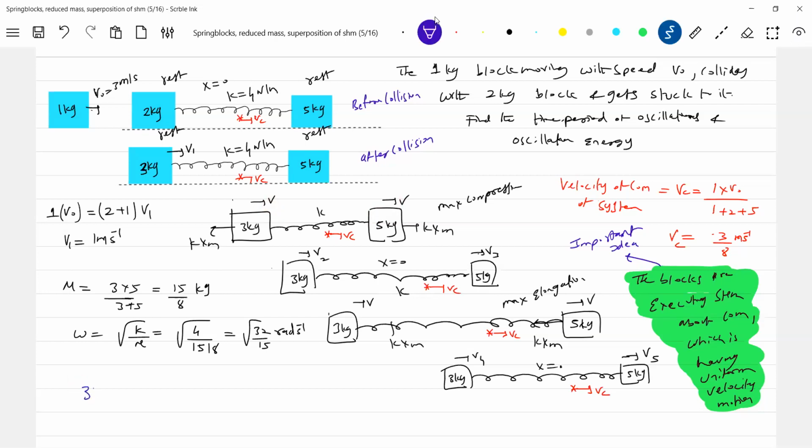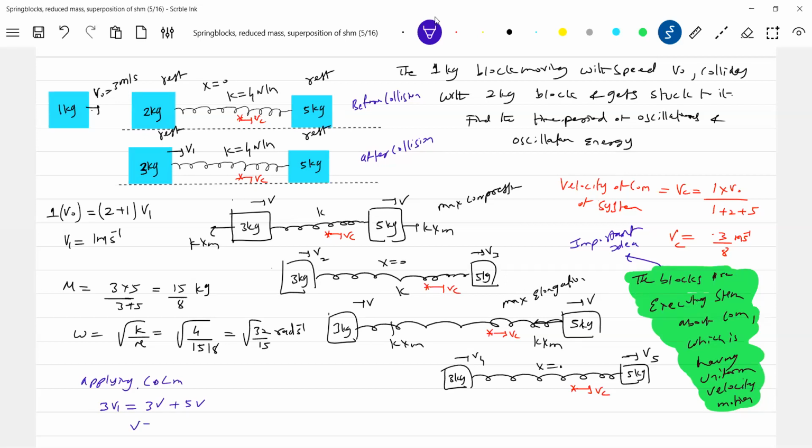So for that, applying conservation of linear momentum, 3v1 is equal to 3v plus 5v. v1 is equal to 1 meter per second.